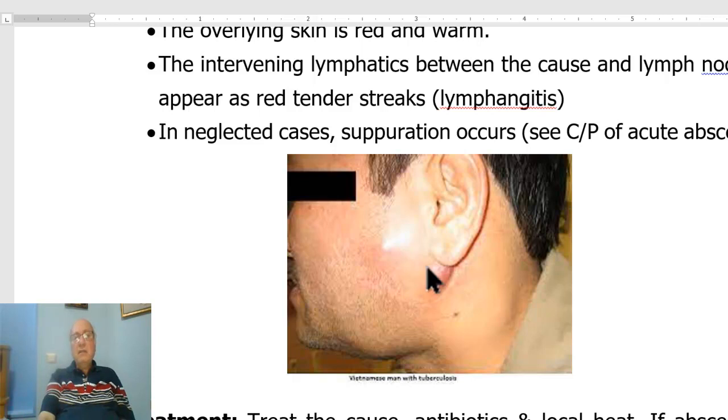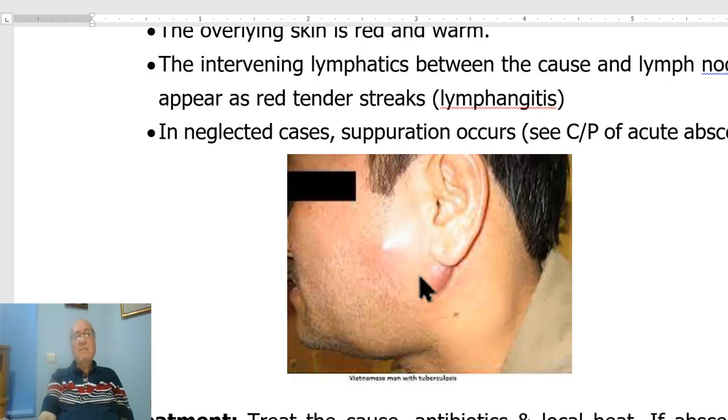And there may be redness and tenderness and streaks passing here from the septic focus to the inflamed lymph nodes. What are these red tender streaks between the septic focus and the lymph node?